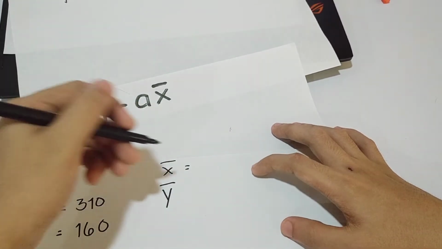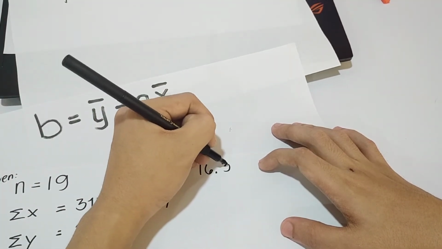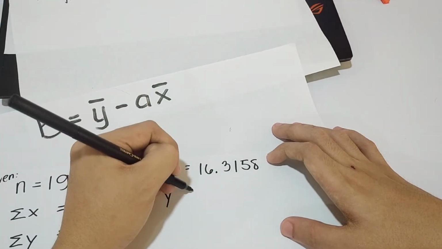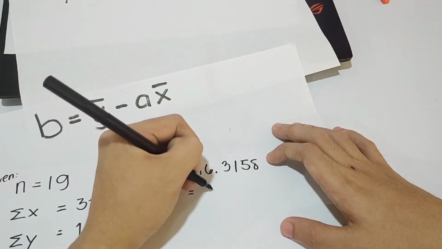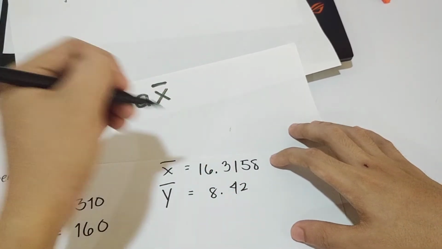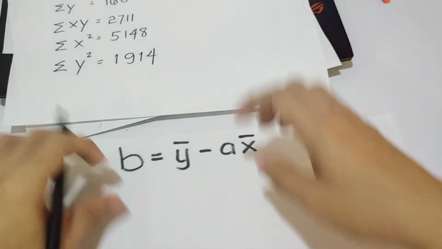So the average of x is 16.3158 and the average of y values is 8.4211. So now we can solve for the coefficient b.